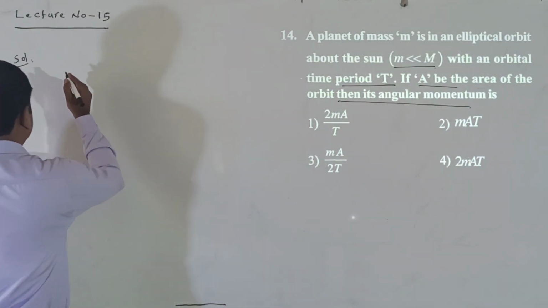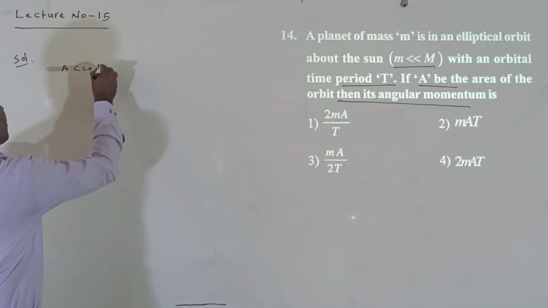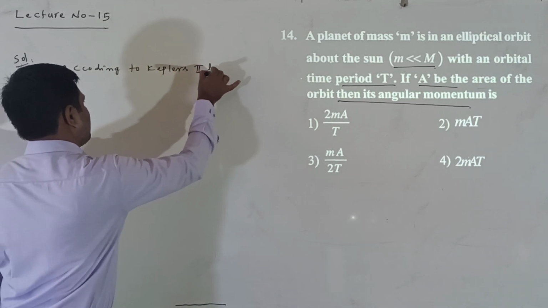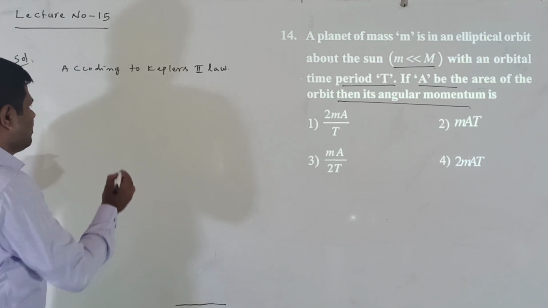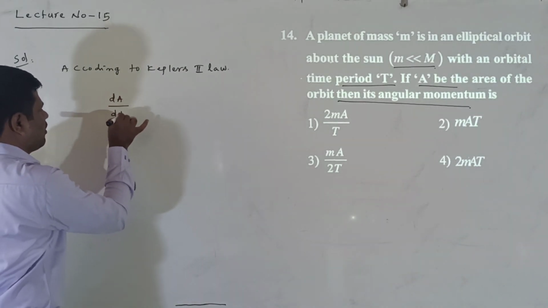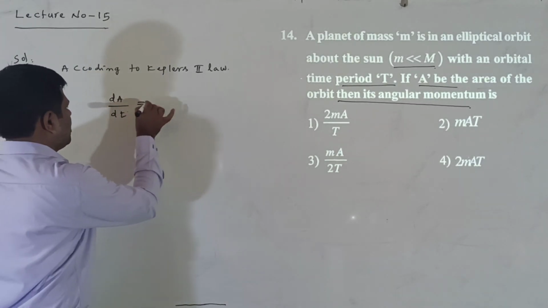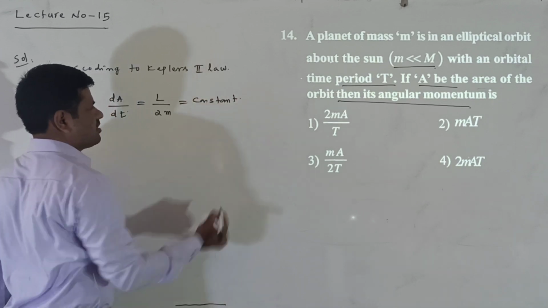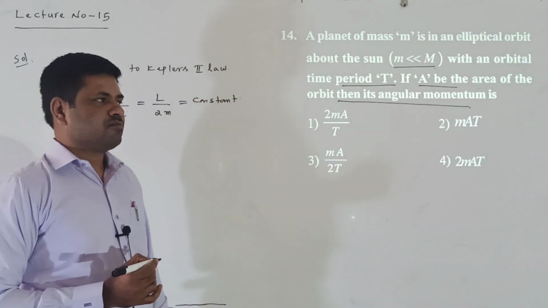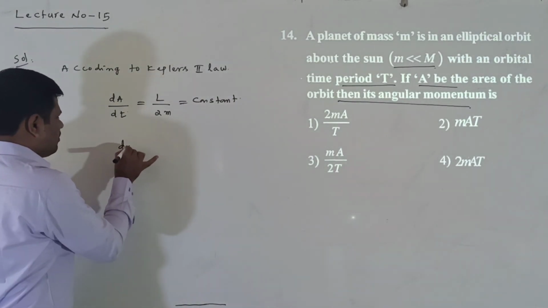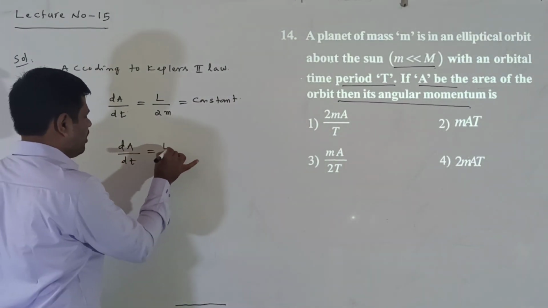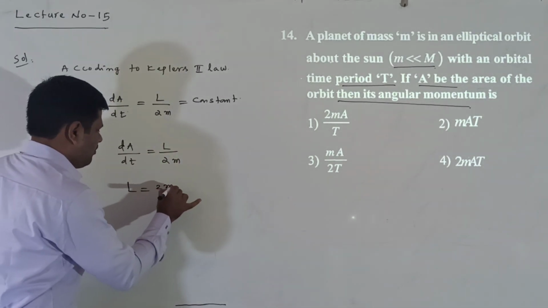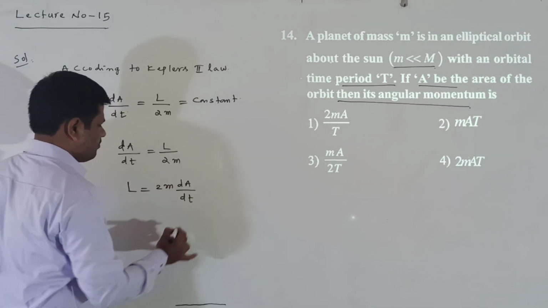We know that according to Kepler's second law, dA/dt is equal to L/2m, which is constant. Areal velocity is constant, and its value is L/2m. Here angular momentum is asked, dA/dt equals L/2m. L is required, so L is equal to 2m times dA/dt.